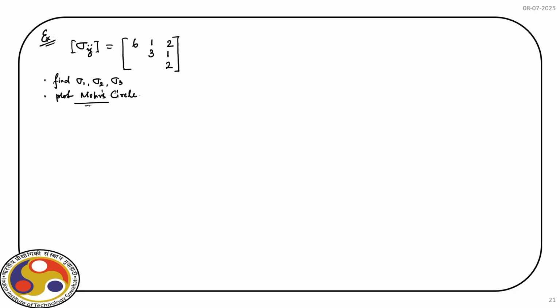Right. So, let us solve this example. Now, we already know this is a symmetric matrix. So, we have the 3D stress field given. Now, what was the characteristic equation that we derived?